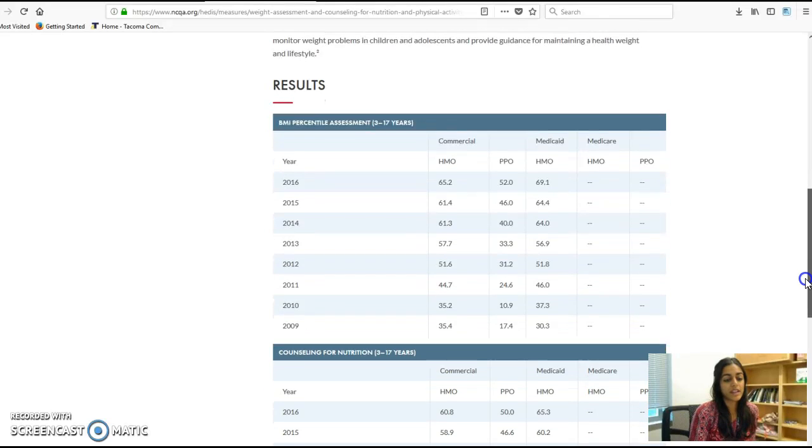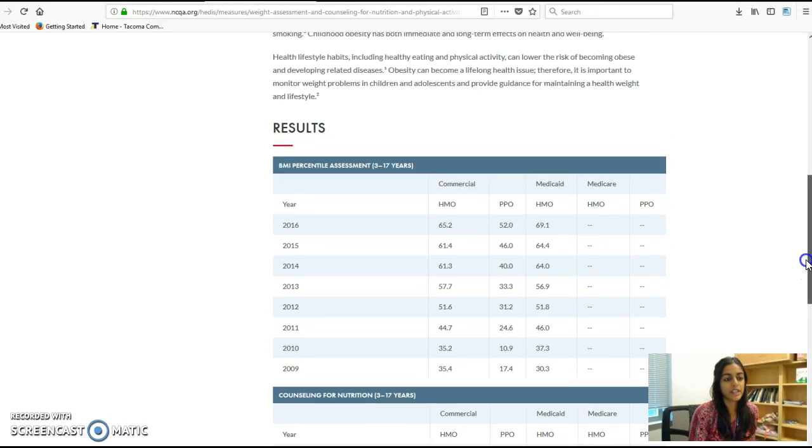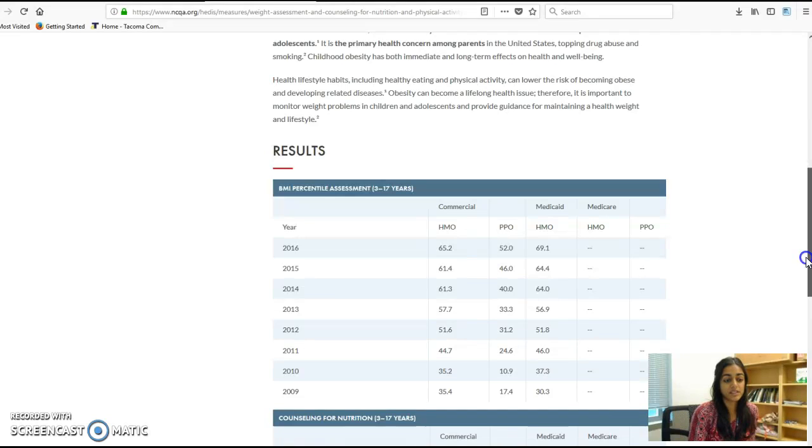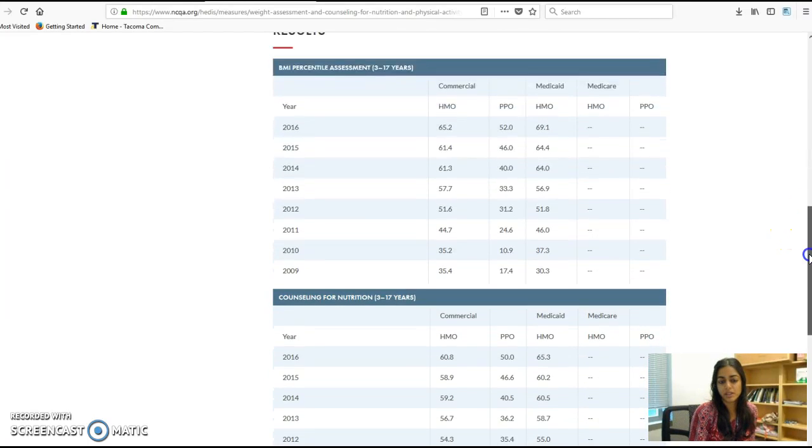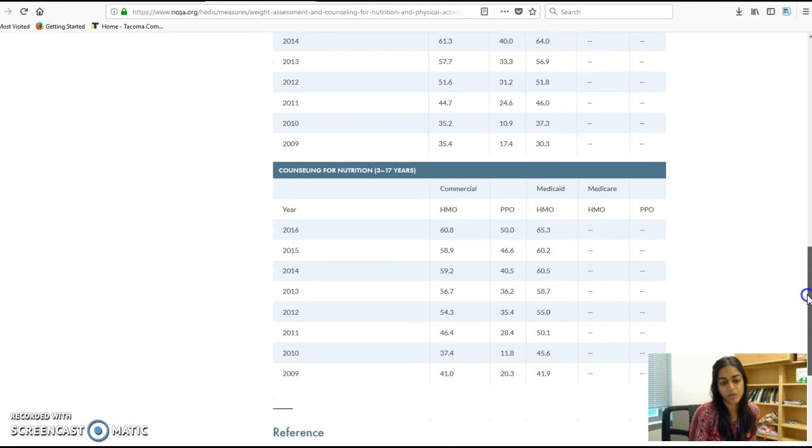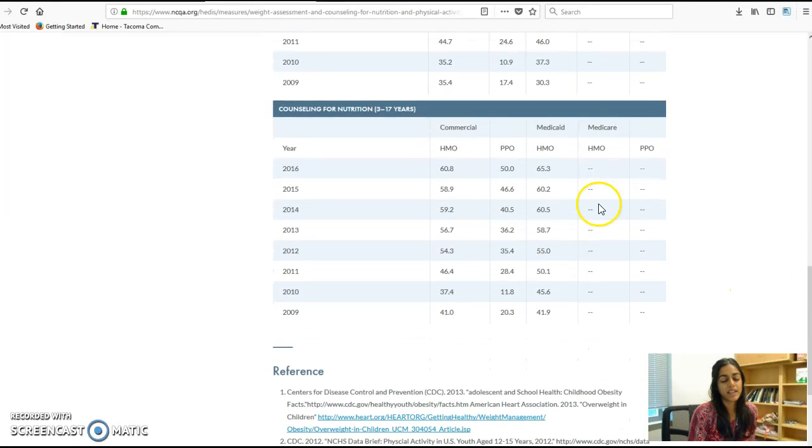So other than that, we have some of the results. BMI percentile, which was captured by some of these organizations, not by Medicare, because youth aren't generally covered in Medicare, so it's not applicable. But Medicaid, and by doing this, we can almost infer the income level.